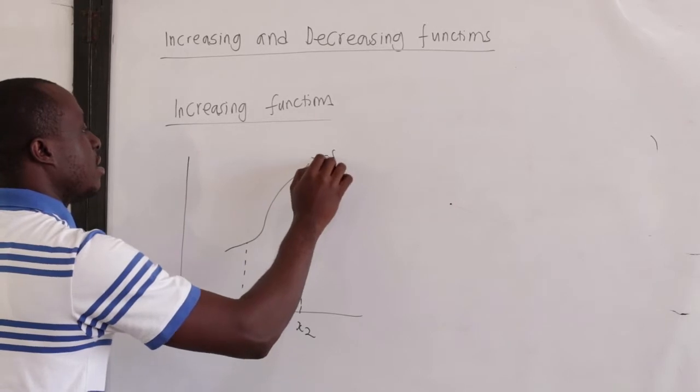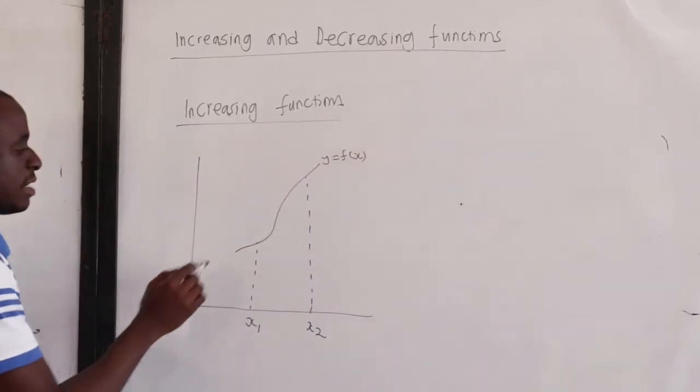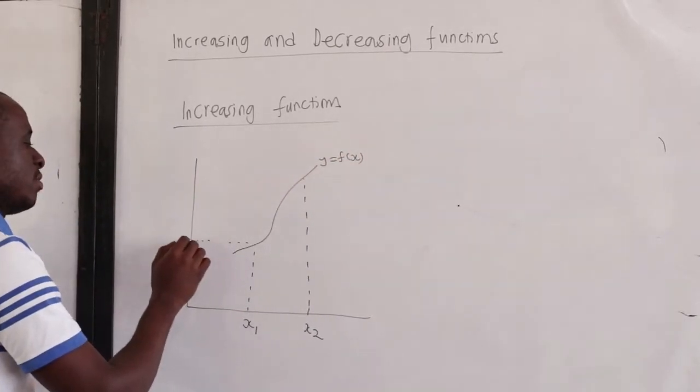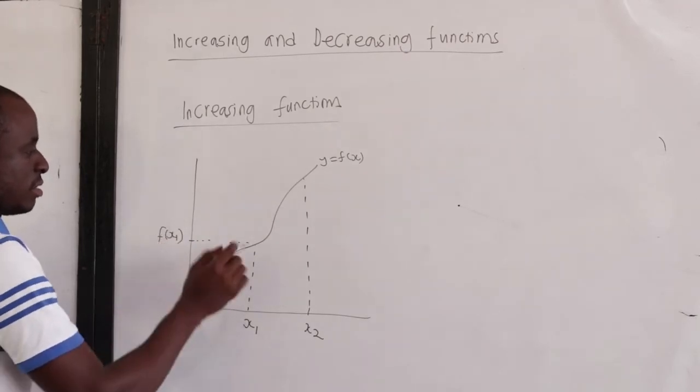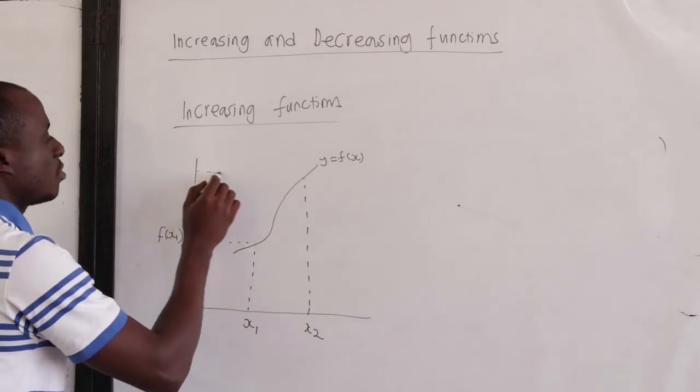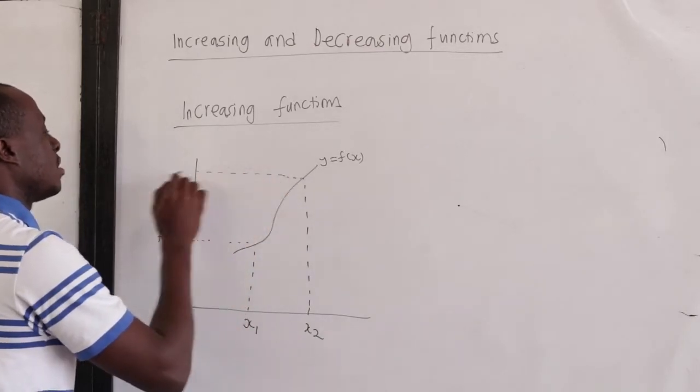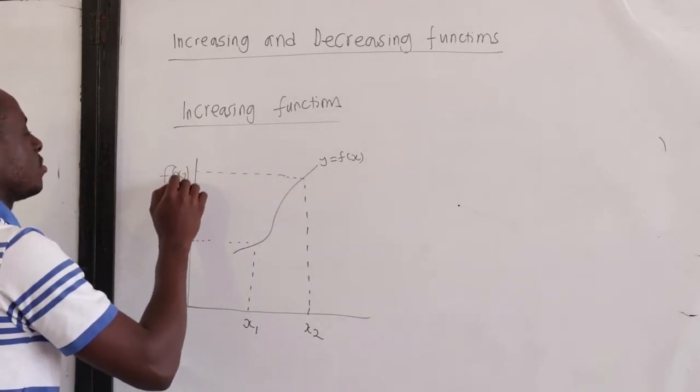Now this is y equal to f of x. Clearly there will be a corresponding value of the y. So here will be f of x1, and then the x2 would also give us f of x2.